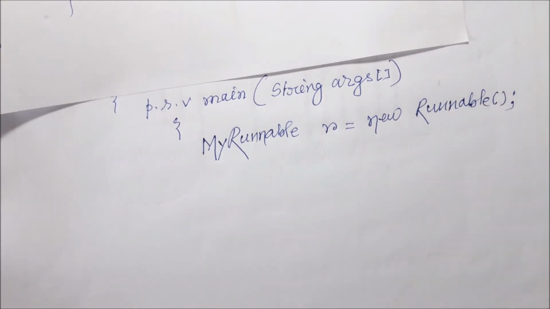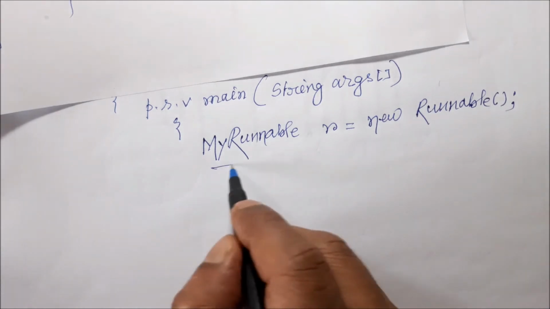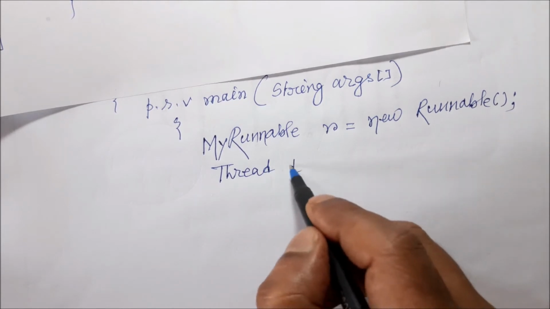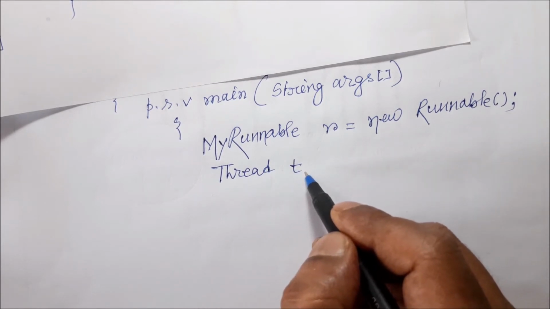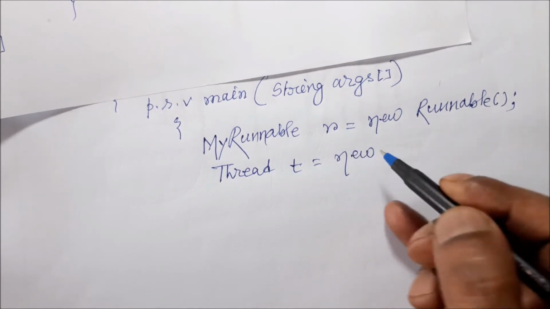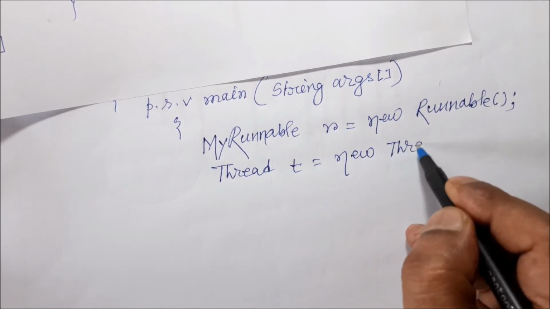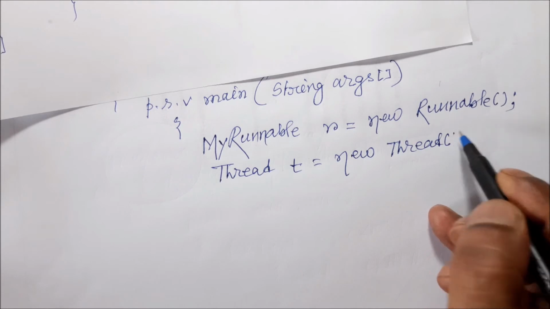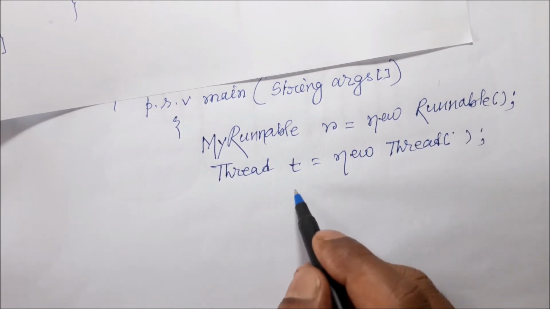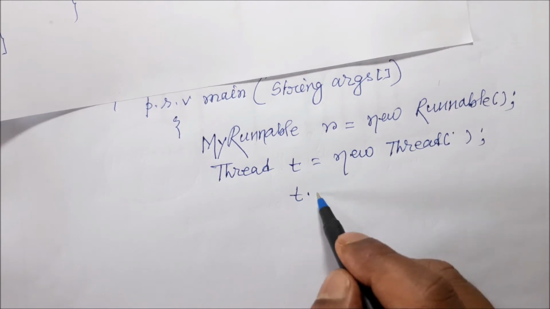Then we have to create an instance of a thread class. For example, Thread t = new Thread(). Then we have to call the start method.